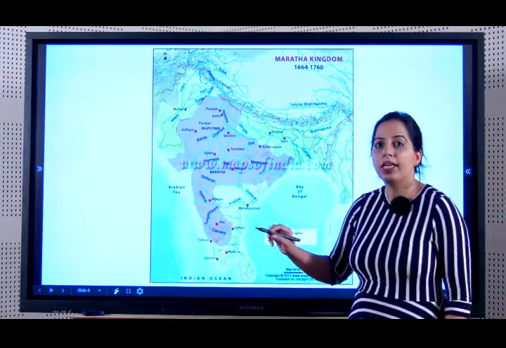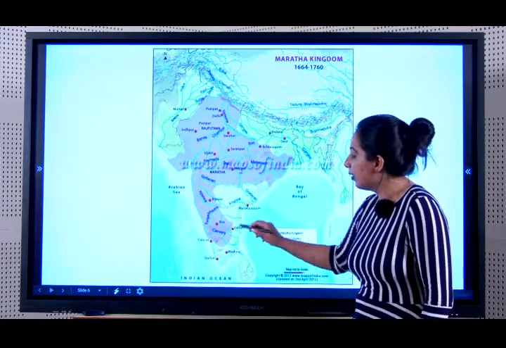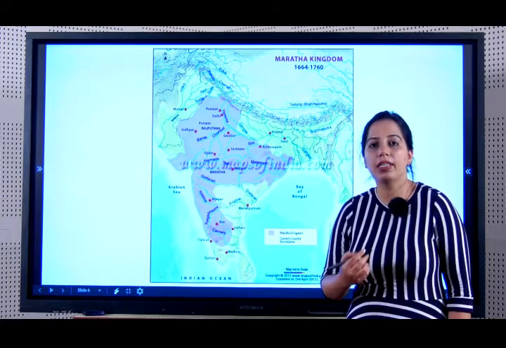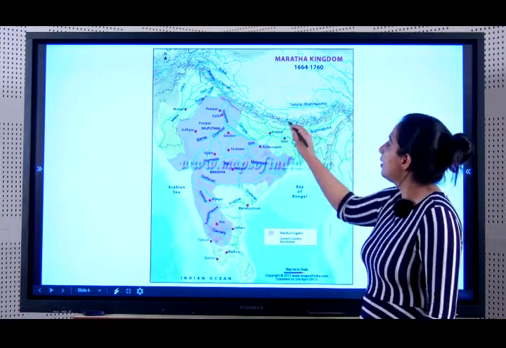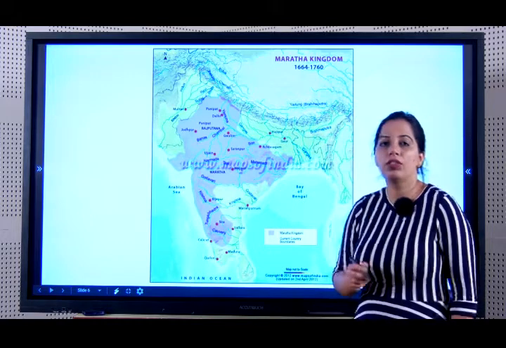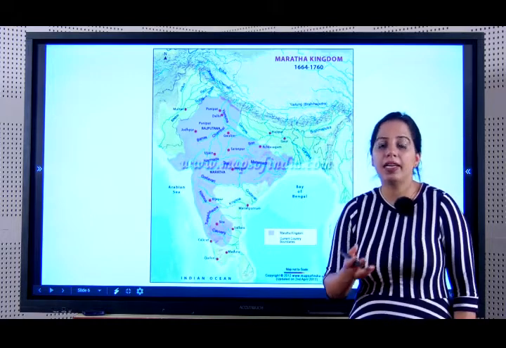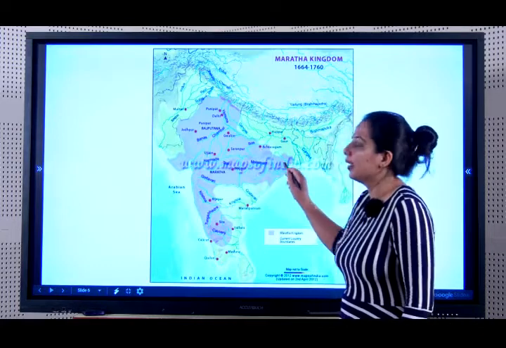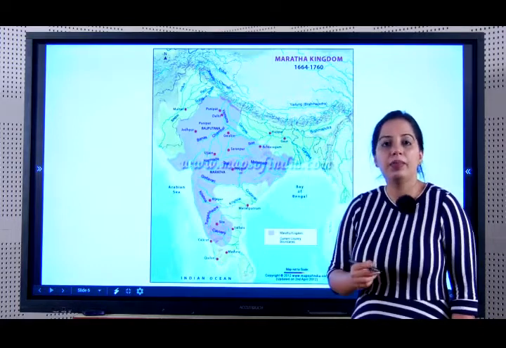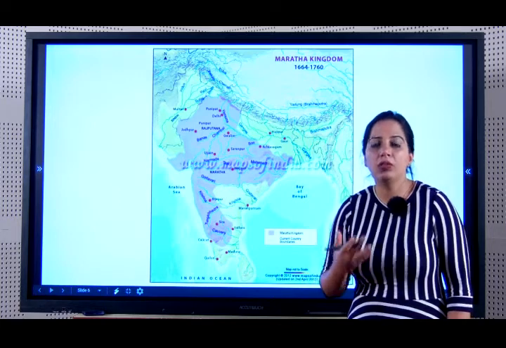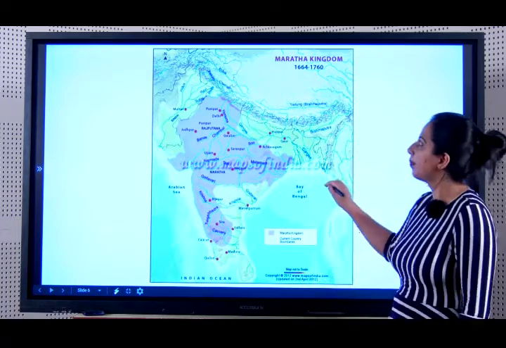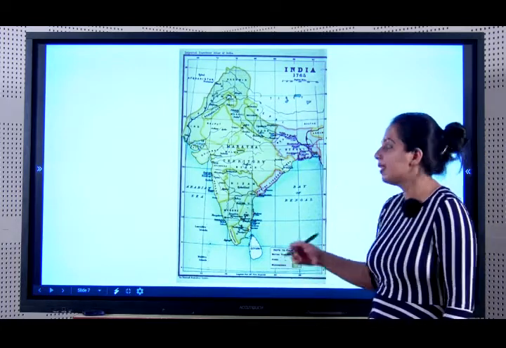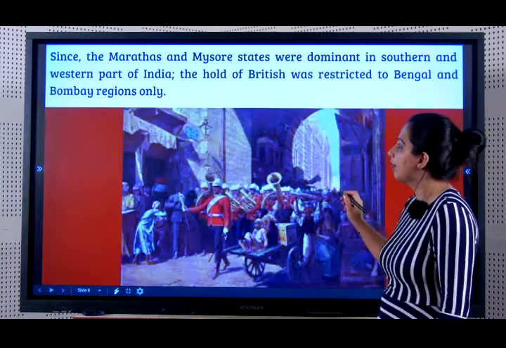If we notice, here is the Carnatic region, which the British occupied through the Carnatic Wars. The eastern region they occupied through the Battle of Plassey and Buxar. Now, the entire Maratha kingdom is what the British are aiming to conquer. This is how the Indian map looked in 1765.